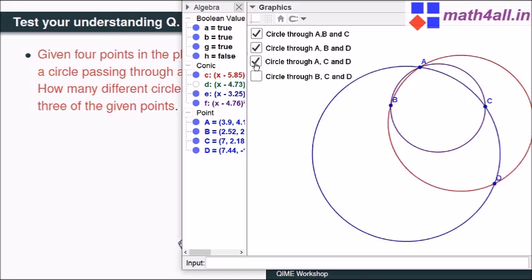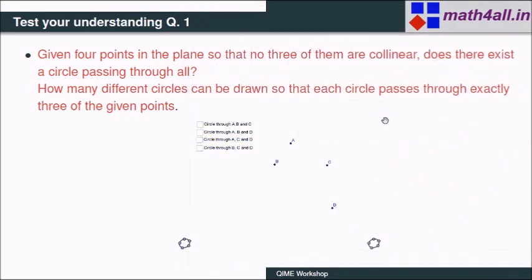This is B, C, and D. So that tells you there are 4 circles that pass through 3 given points out of those 4. These are nice questions to analyze. Students will get familiar with circles. Students can analyze them in GeoGebra, their curiosity will be aroused and they can do it.